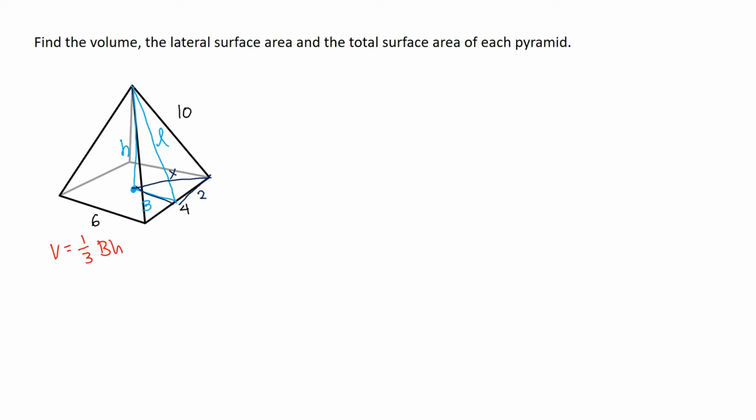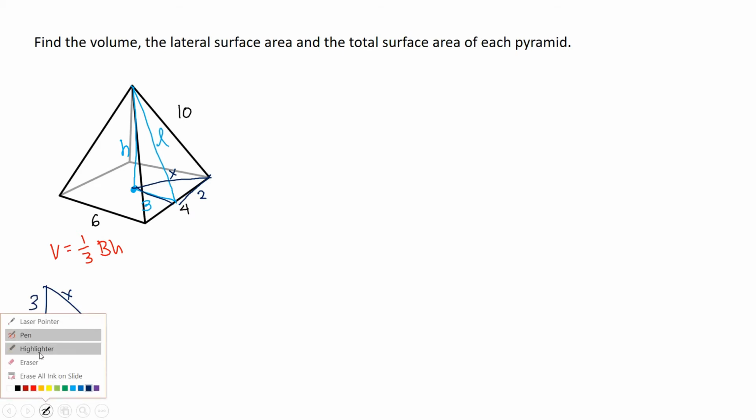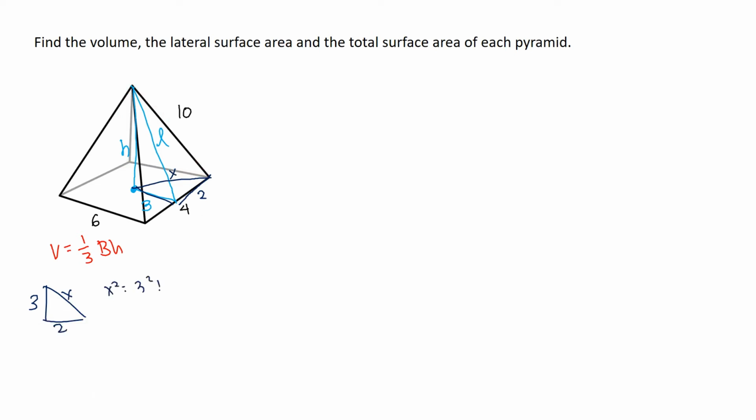Okay. Our concern is the height. Let's get the height. We will use the triangle at the bottom, with sides 3 and 2. Once we solve for x, we can use the other triangle with h, x, and 10 to solve for h. So, x squared is equal to 3 squared plus 2 squared.